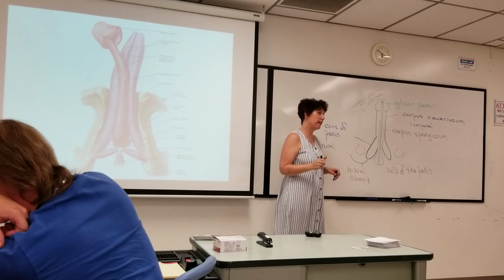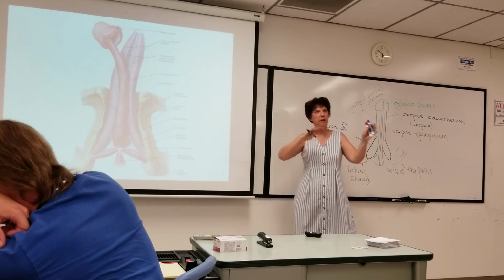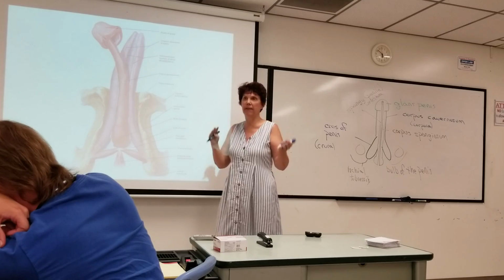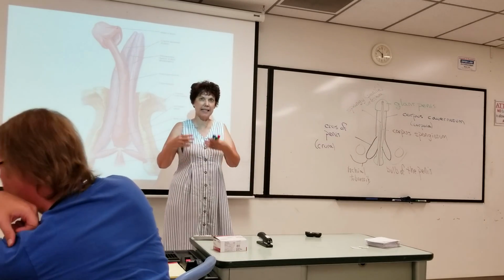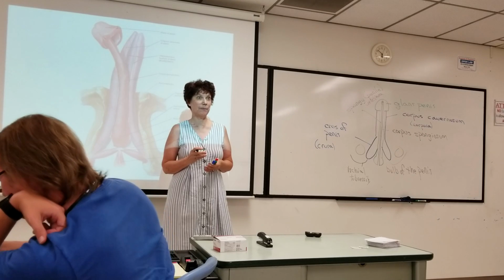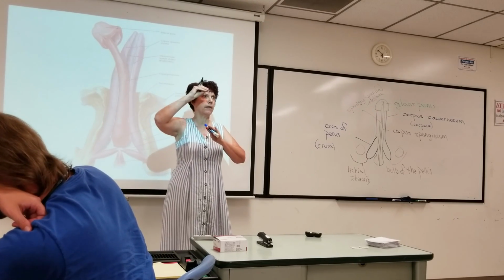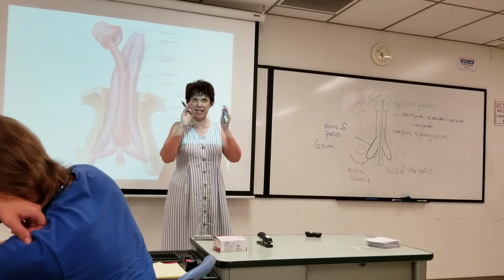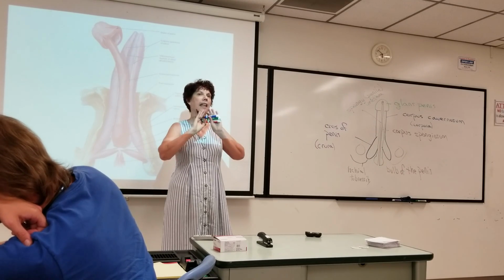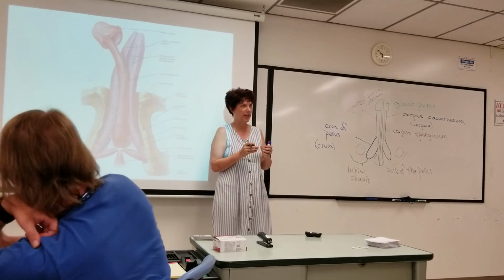Now when we talk about female on Wednesday, because we won't get to it tonight, remember the embryo develops into a female phenotype unless the SRY gene on the Y chromosome is expressed. So the labia minora, those are the thin inner lips of the female that don't have hair follicles on either side of the opening of the vagina, fuse in the male to form the shaft of the penis.